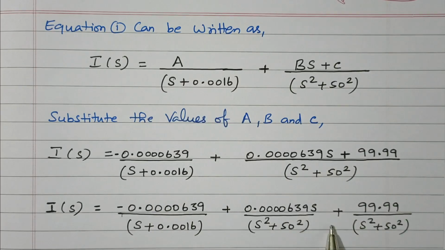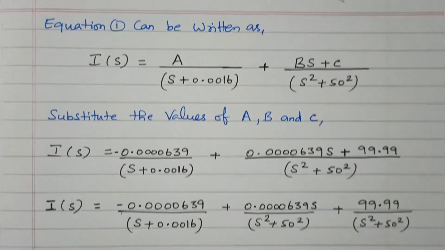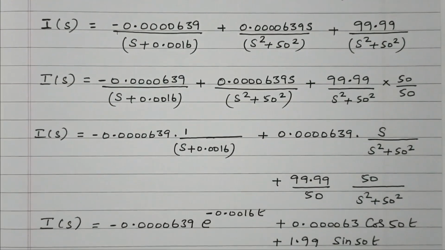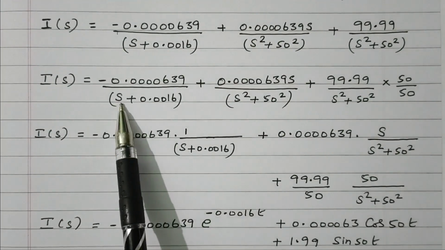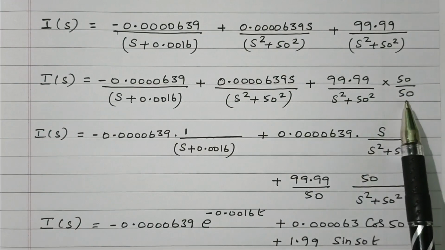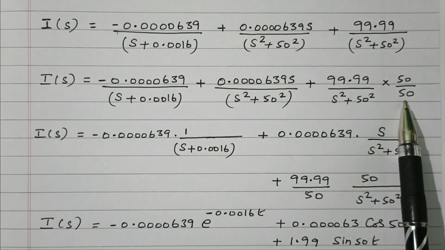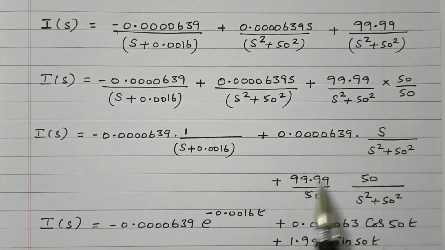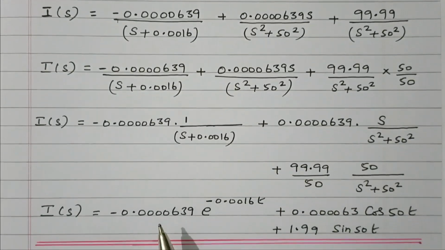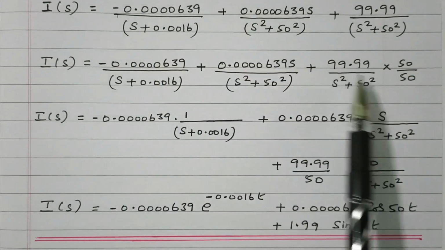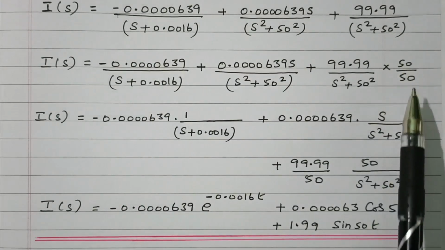Then only we can take the inverse Laplace. Right. So after splitting, what happened? So this term 1, term 2. Term 3 multiplied by 50 and divided by 50 in order to bring the standard form. So it is rewritten. All three terms are rearranged like that. So first we splitted, then we multiplied by 50 divided by 50.